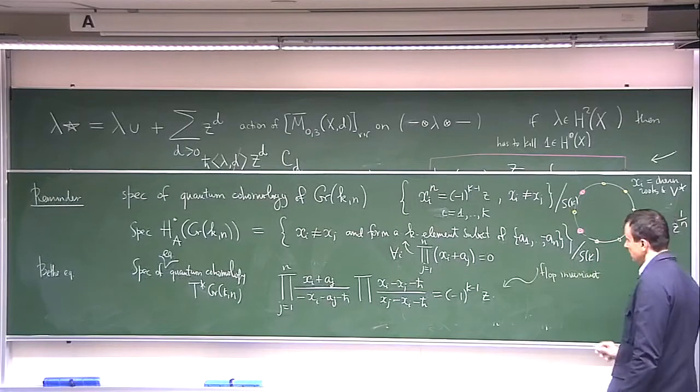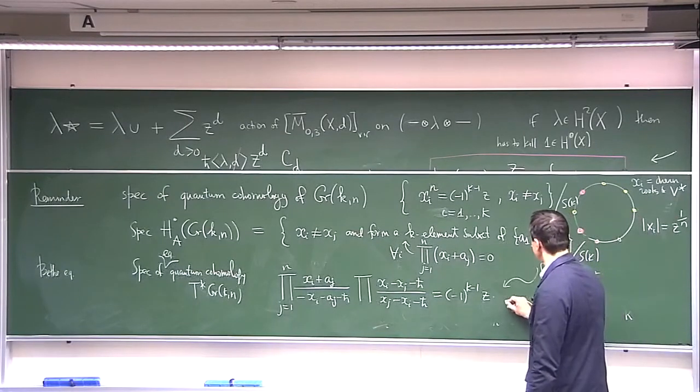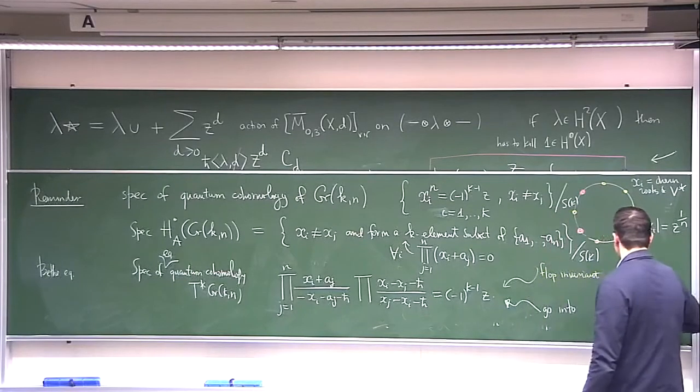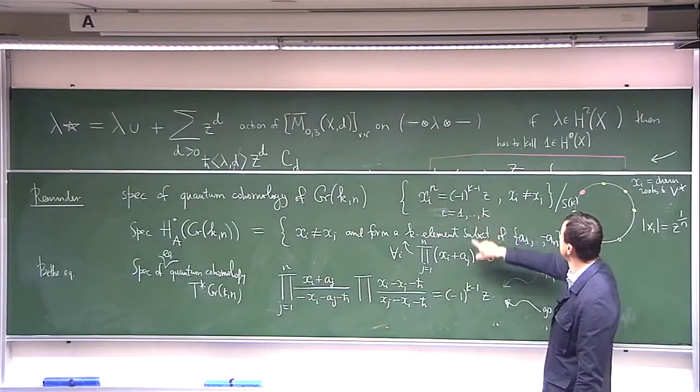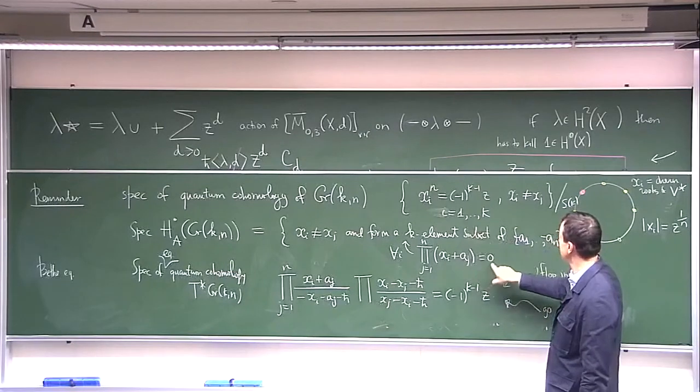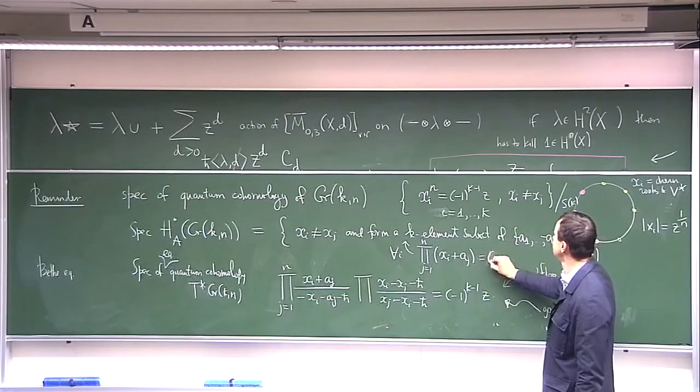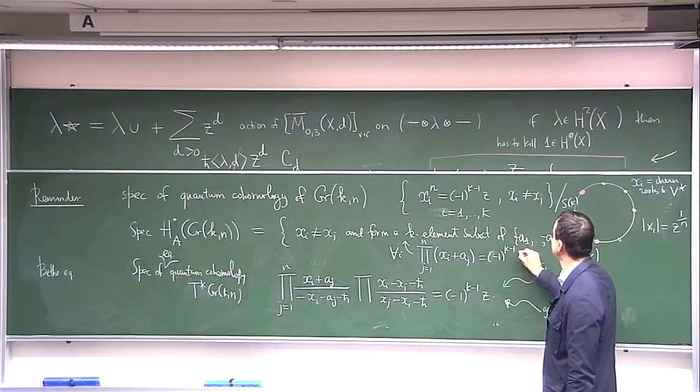And then second, the common generalization of this equation is when I replace the z. So in general, the quantum equation is like this.